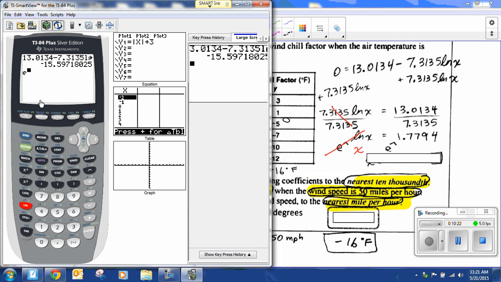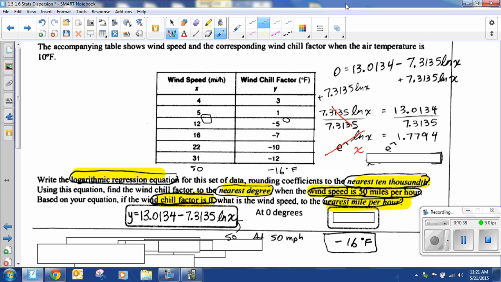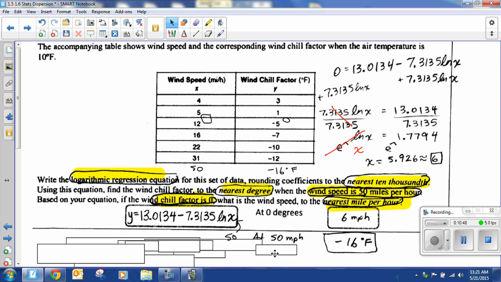Second ln, that's how we get e, 1.7794. And we end up with 5.9. And they wanted us to round to the nearest mile per hour. So our answer is 6 miles per hour.